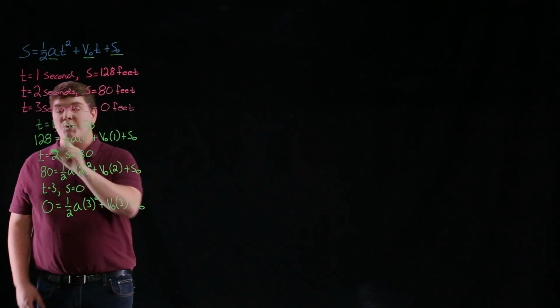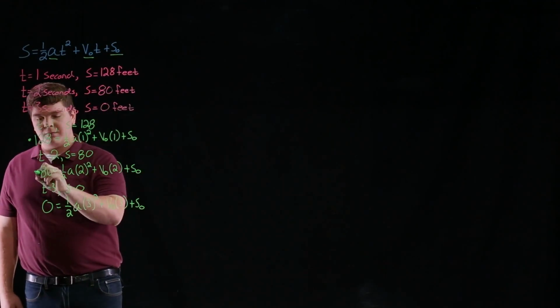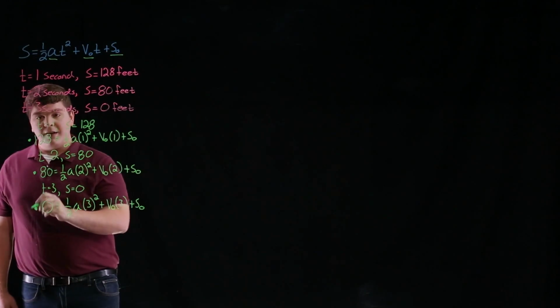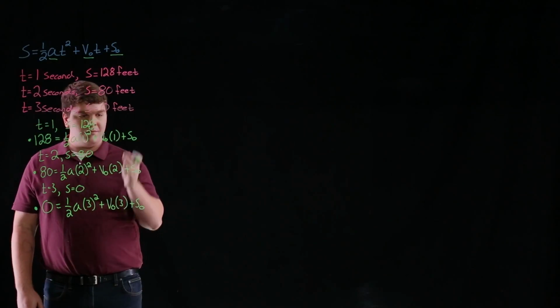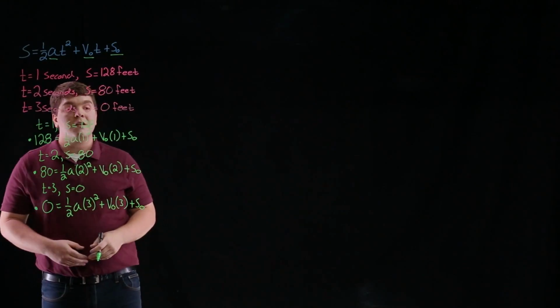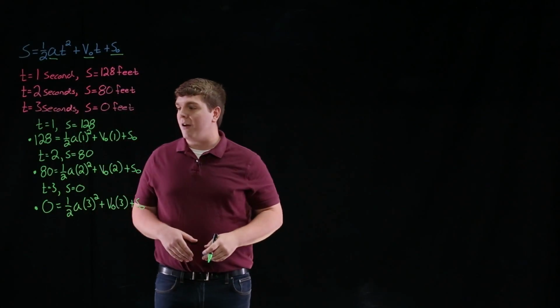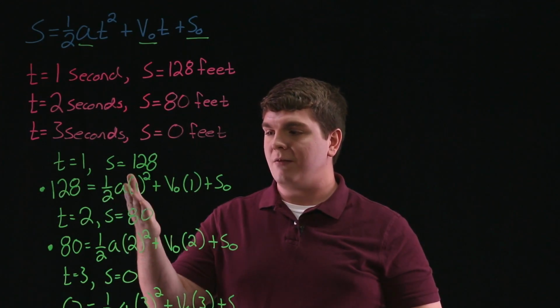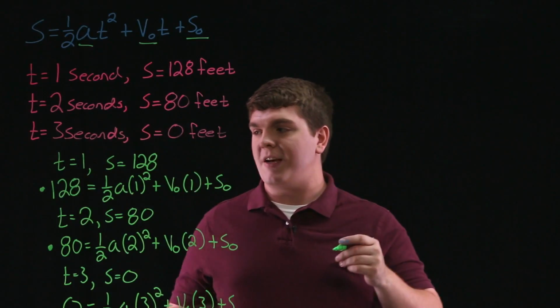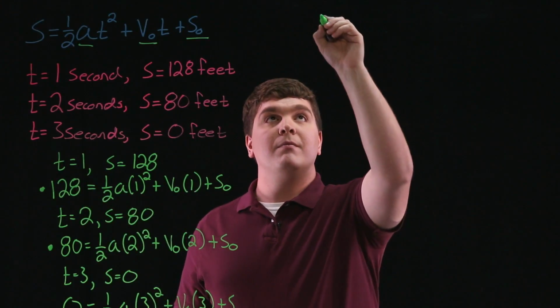So what we have here is 3 equations as well as our 3 unknowns, a, v naught, and s naught. So we can write this as a system of 3 equations. Let's write our first equation as 1/2 times a plus v naught plus s naught equals 128.